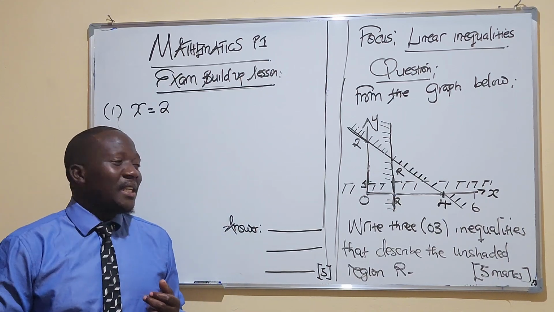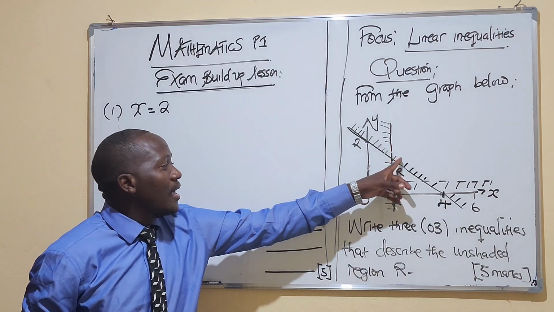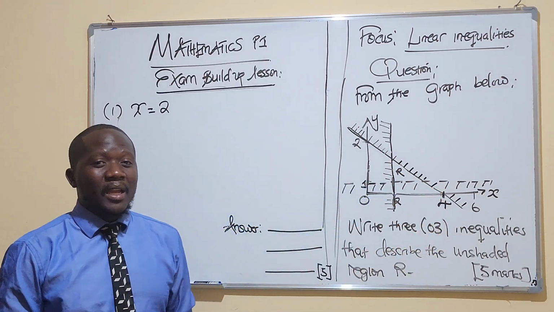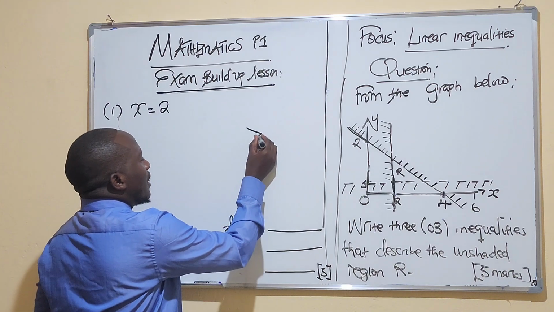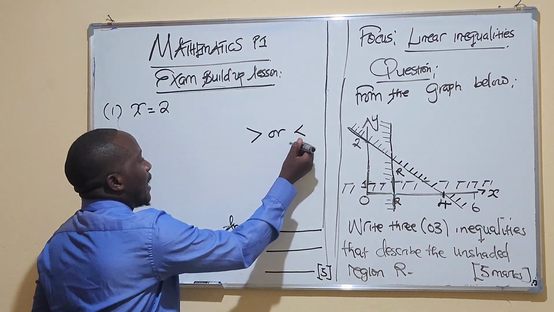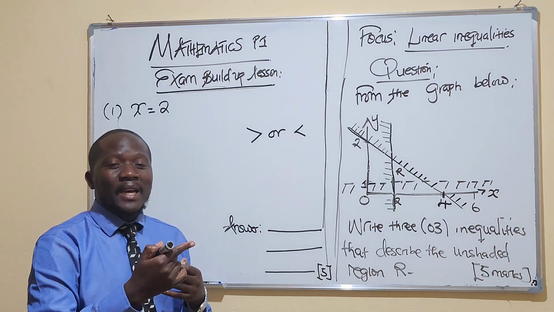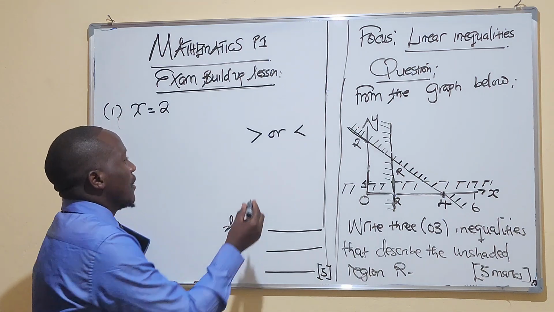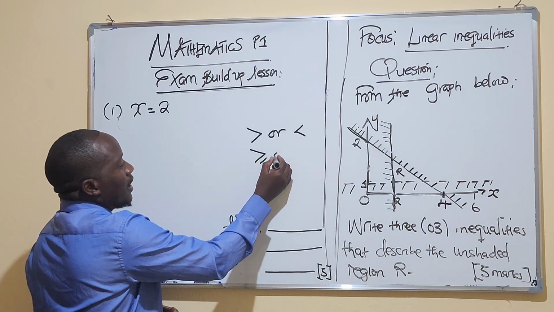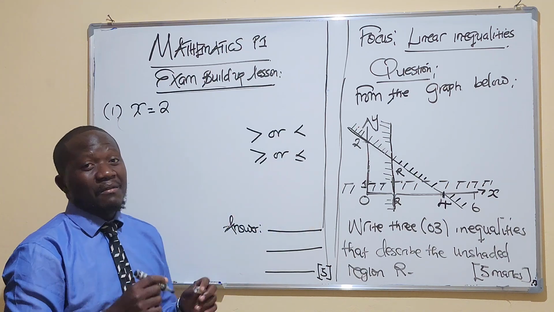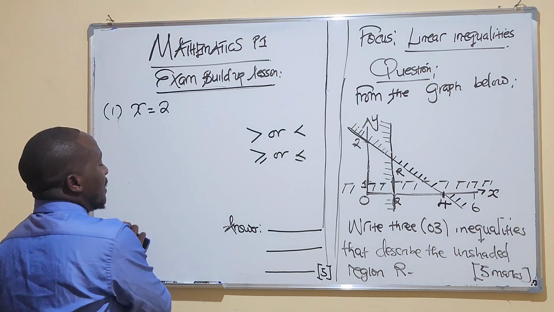We have a solid line like this one, and then we have a broken line. A broken line means either greater than or less than. This means the value at which the line is cutting is not part of the solution. Then we have greater than or equal to. This one is for solid lines, implying the value is also included.